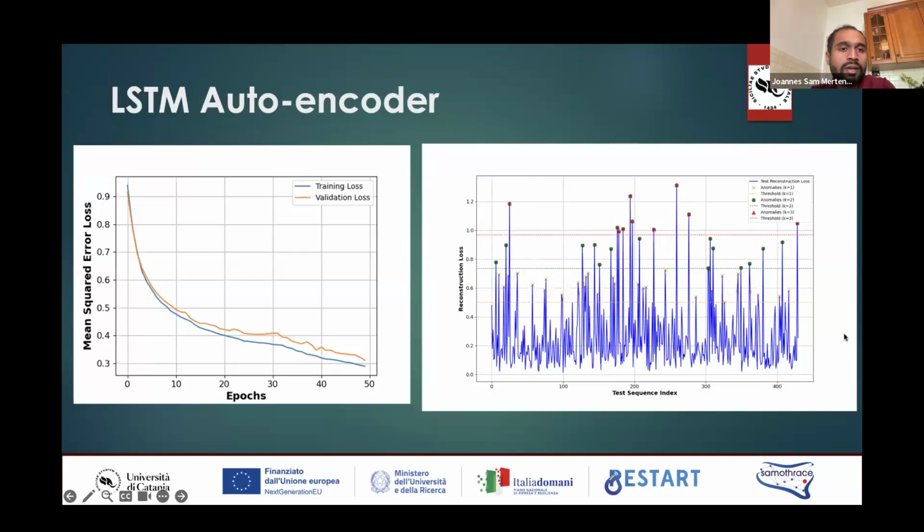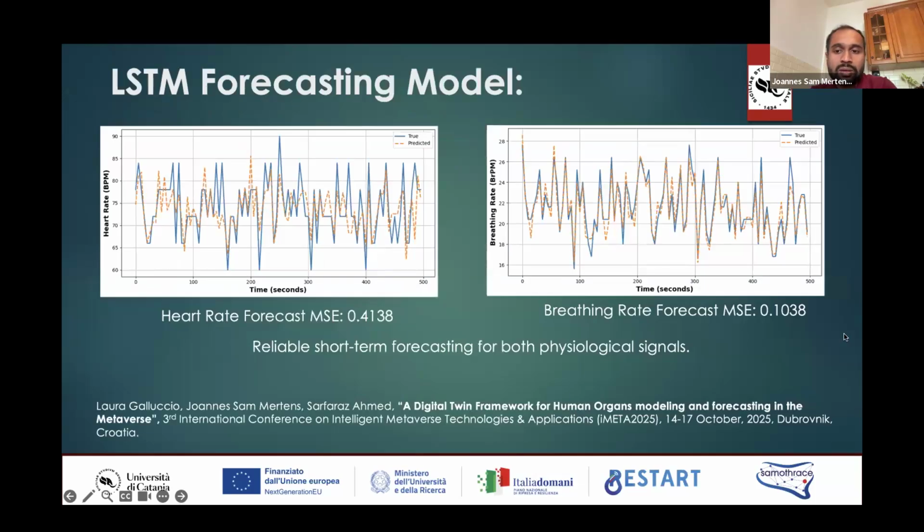And with the forecasting model, we were forecasting both the heart rate and also the breathing rate, and you can see the true values. True values are the values from the data set, from the MIT-BIH data set, and here the orange lines show the predicted value. And we were achieving good performance in both forecasting cases.